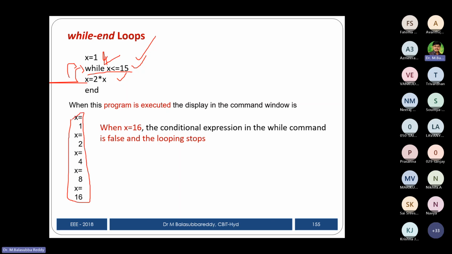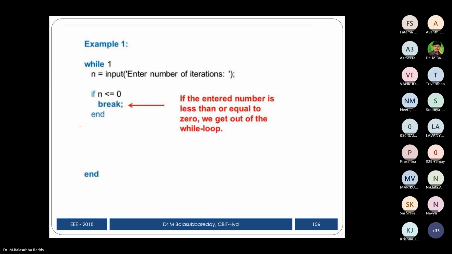This is the difference between for loop and while loop. In a for loop, we fix the number of times the loop is going to run, but in a while loop it is not defined initially. It will check the condition. If the condition is true, then it will go inside and execute that many times. Once the condition fails, it will come out. Now you can see if any break is required, whatever time the entered number is less than or equal to 0, you get out of the loop.